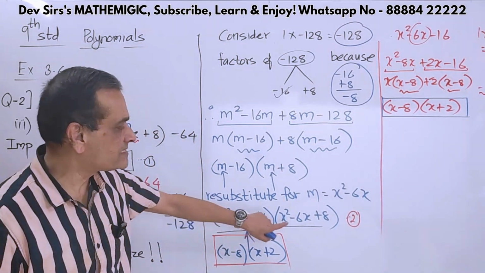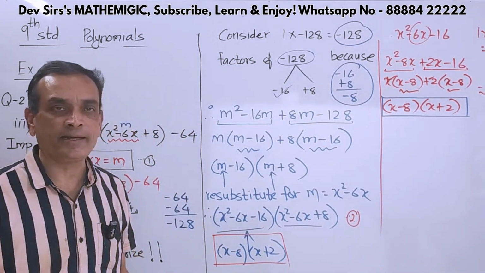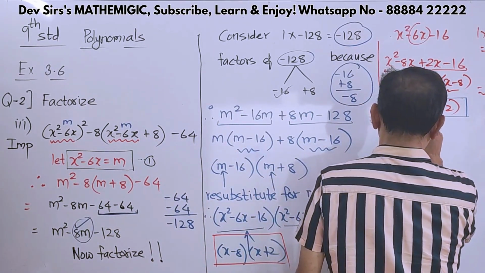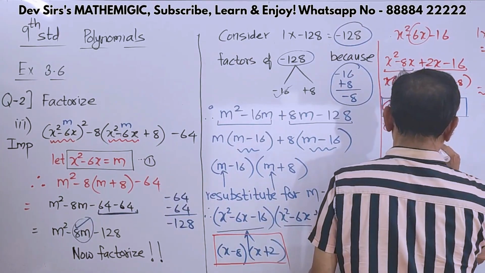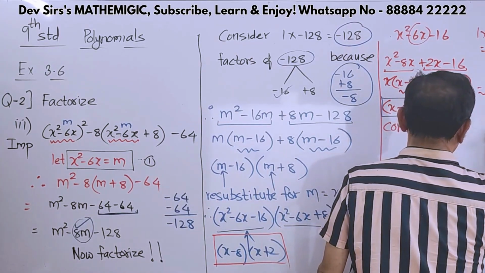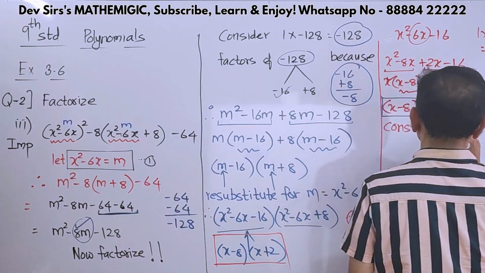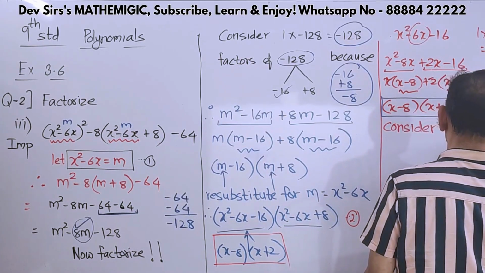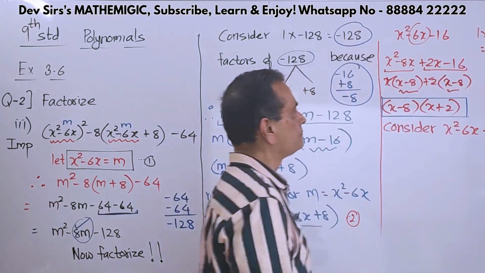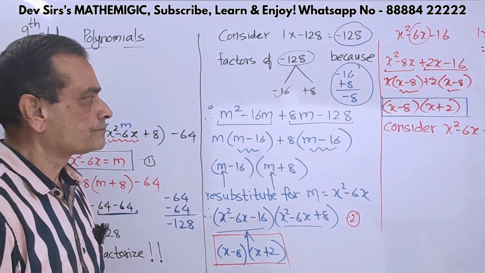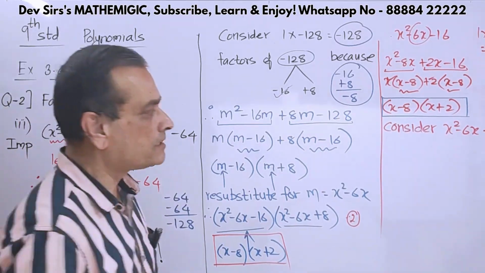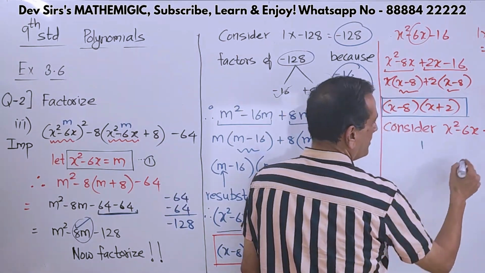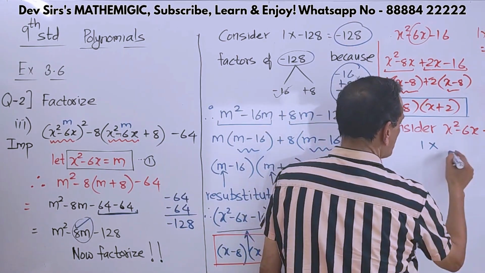Now let us factorize this: x squared minus 6x plus 8. How do you factorize? In front of x squared there is some number, meaning 1, multiplied by plus 8, which means you can just write 8.